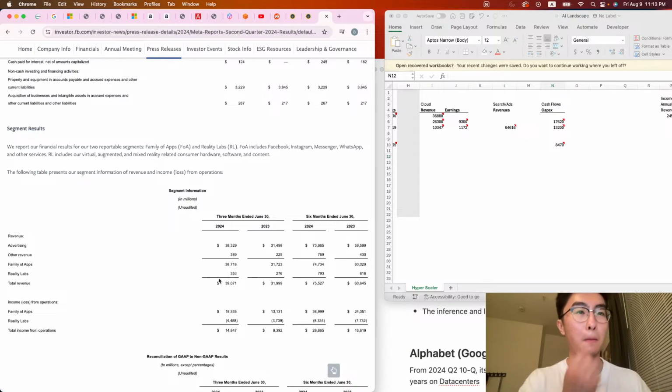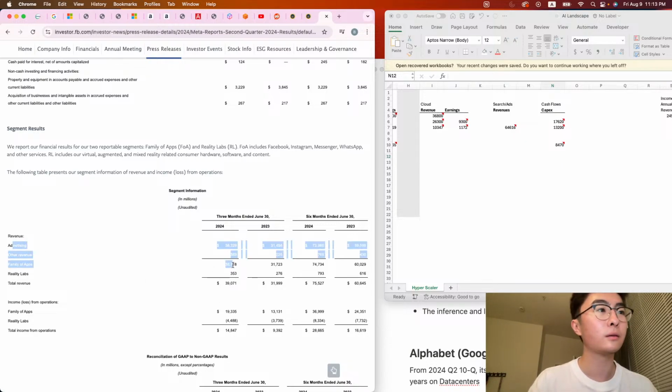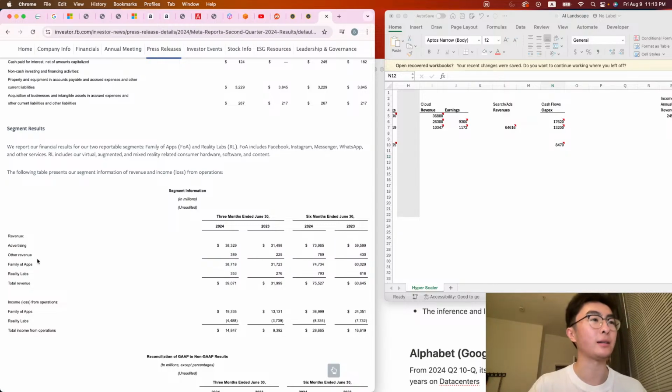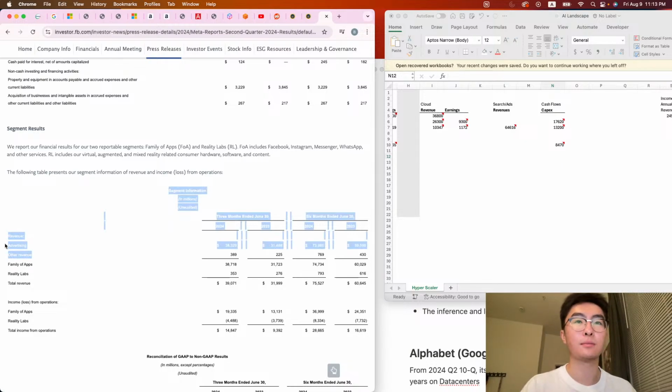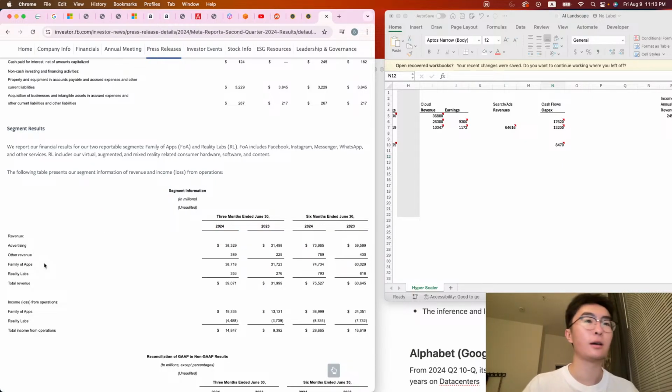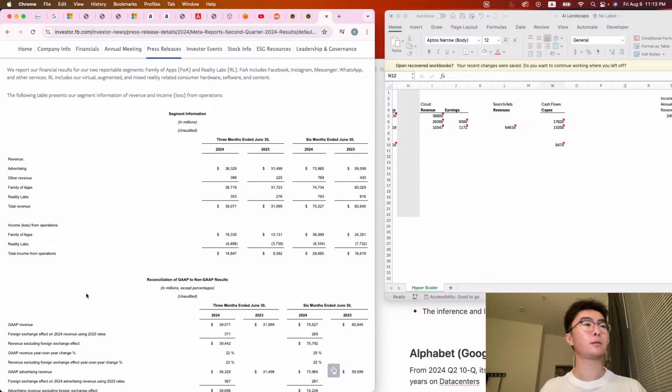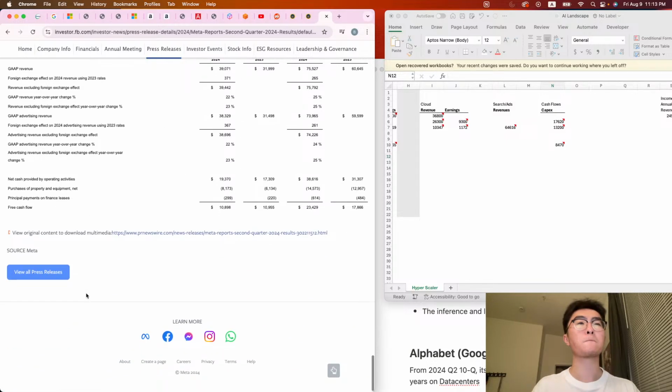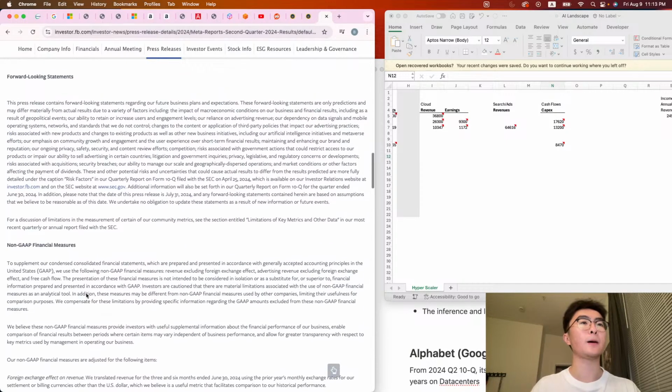Oh, here we go. Family of apps. Okay, yeah, so this is kind of the segment. So it comes with advertising, then other revenue. Okay.